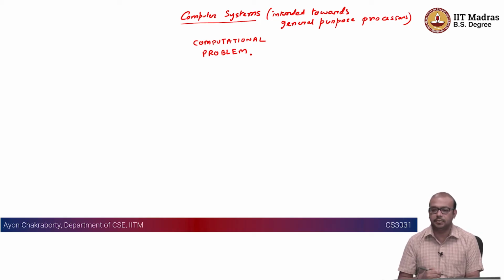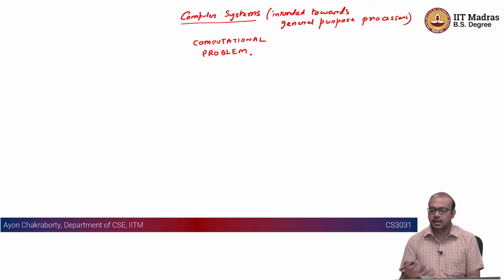Suppose I want to tell you to add these numbers, or find the maximum value inside a set of numbers, or sort a collection of numbers. There is no ambiguity. That is a very strictly defined, deterministic answer. Or let us say find the shortest path inside a graph.